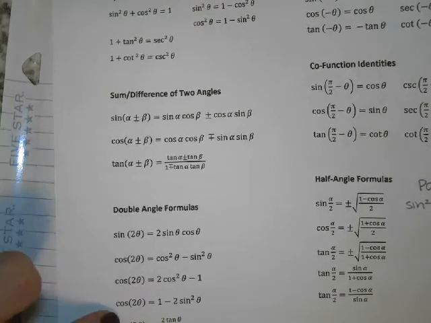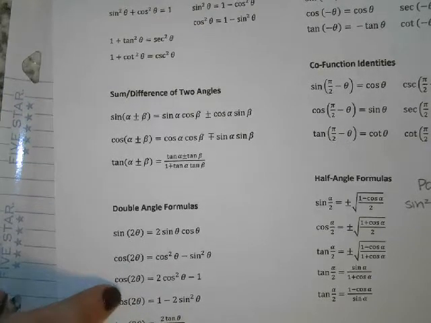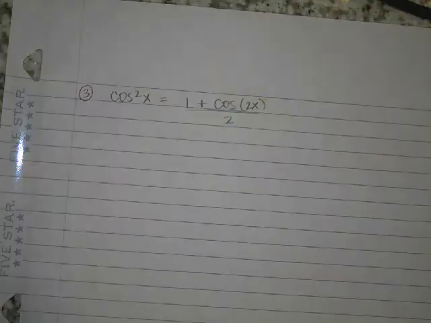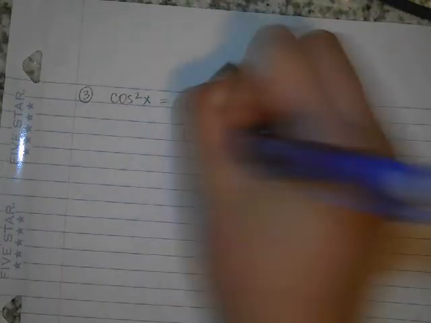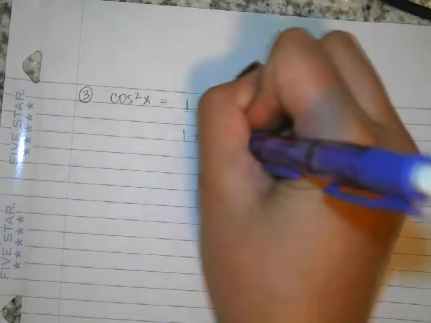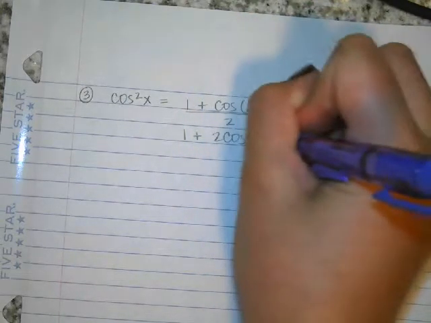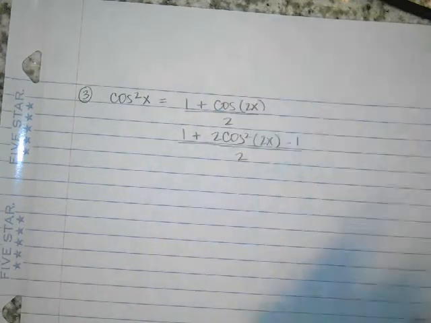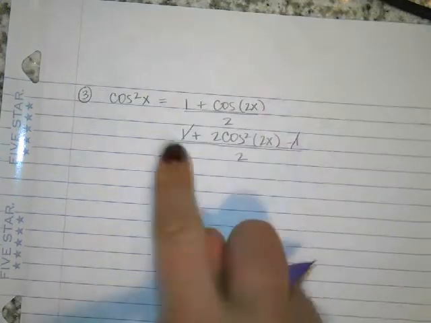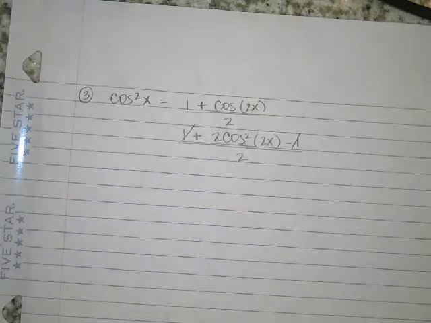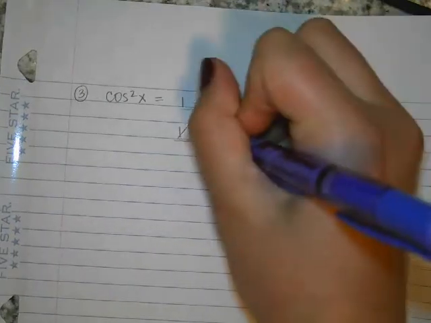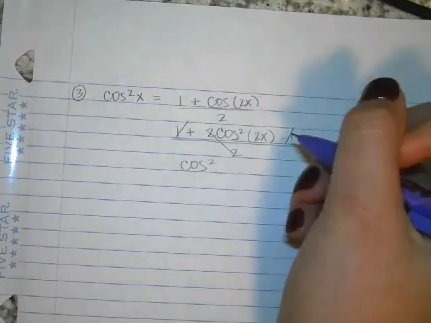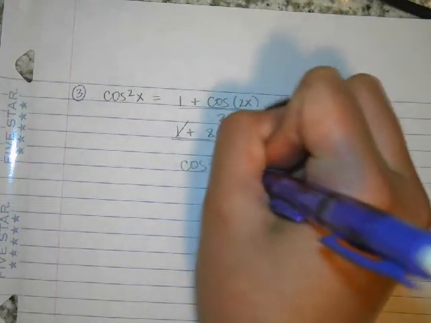Again, cos 2x. This time, instead of using the third one, I'm going to use this one because this is the one that has the cos squared in it. So I'm going to say 1 plus 2 cos squared minus 1. And again, the ones cancel. A 1 and a negative 1 makes 0. And then 2 divided by 2, those cancel, those make a 1. And so I've got cos squared.